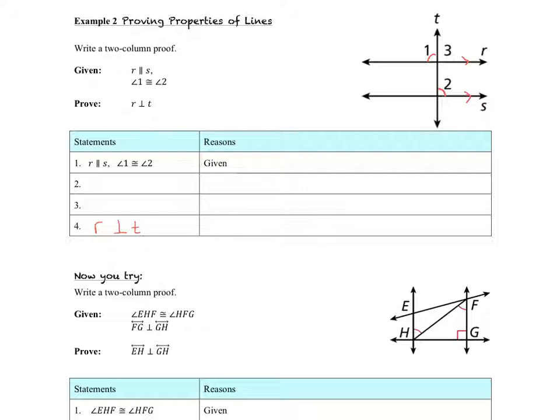I do know that since these lines are parallel, angle 2 is going to be congruent to angle 3, and that's because of the corresponding angles postulate. Now, I'm not writing converse because I'm not proving those lines are parallel. I already know they're parallel.